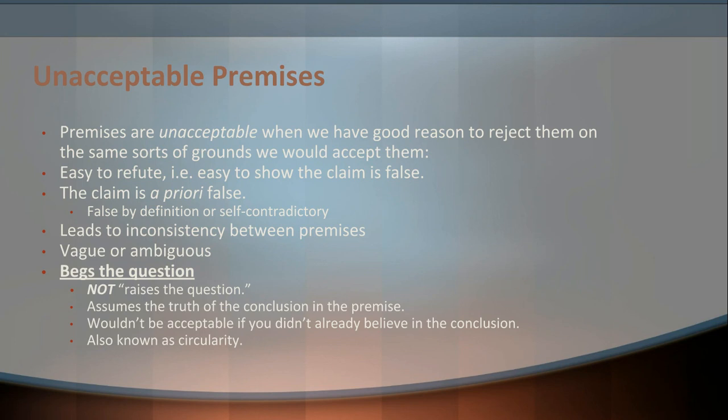Premises are unacceptable when we do have good reason to reject them. One of the simpler points is when we look at claims that are easy to refute. That is, there are claims that are easy to show are false.